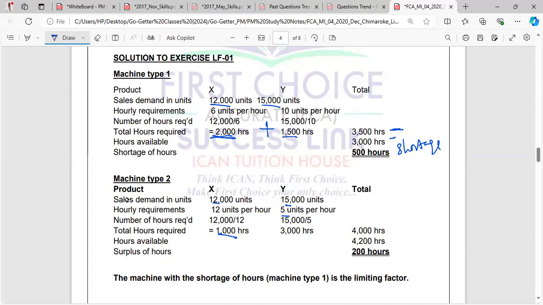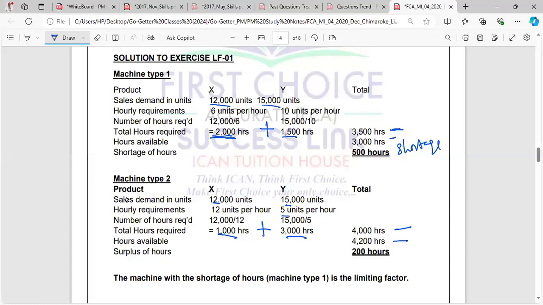When you divide, you have 3,000 hours for Y. You add X and Y hours together, you have 4,000 hours. Available hours is 4,200. So you need 4,000 hours to do everything on machine 2, but the machine 2 hours available is 4,200.